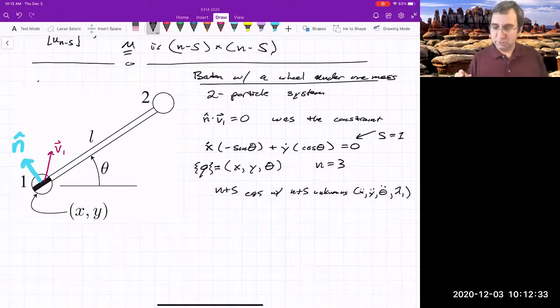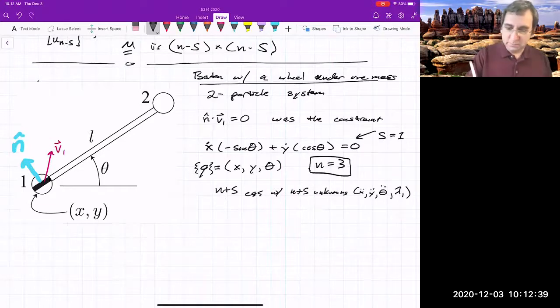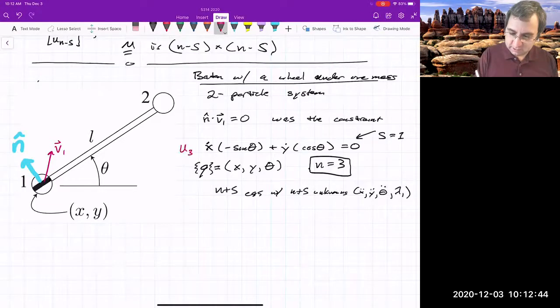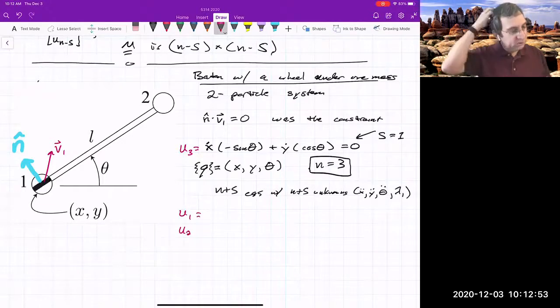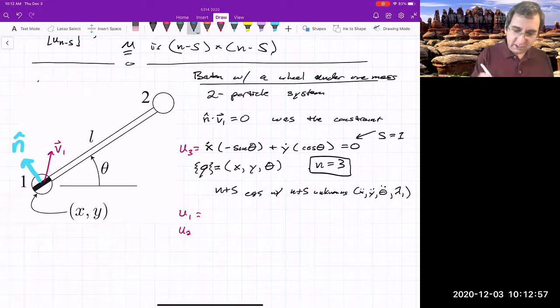So remember what the procedure is. We're going to have n quasi-velocities. We pick the last quasi-velocity to equal this, so u3 equals that. And then there's a u1 and a u2. What are we going to pick for those? For u1, we could pick the velocity that's along here.